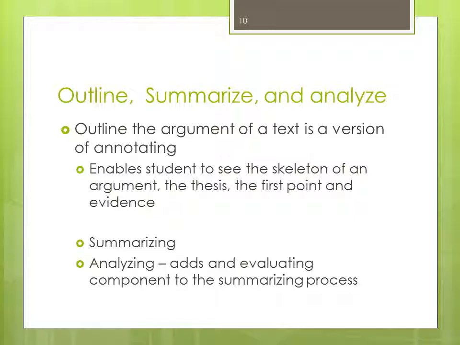Usually, on average, you may find between 20 to 25 pages in a peer review journal article, and you're expected to summarize it in probably one or two paragraphs. So outlining, summarizing, and analyzing are the three critical steps to successfully writing your annotated bibliography.